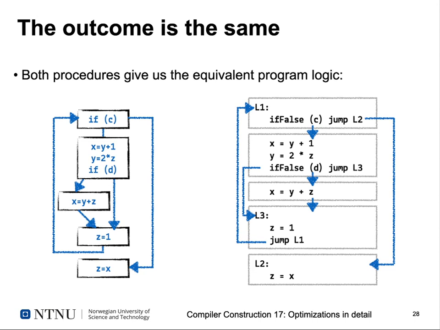But of course, since we want to do our optimizations on IR level, the one on the right hand side here is the one that's of more use to us, whereas the one on the left hand side here is easier to understand if we come from a way to understand our source code program. Since we now know, without a proof, that both representations are equivalent, we can work with both as required in the remainder of this course.